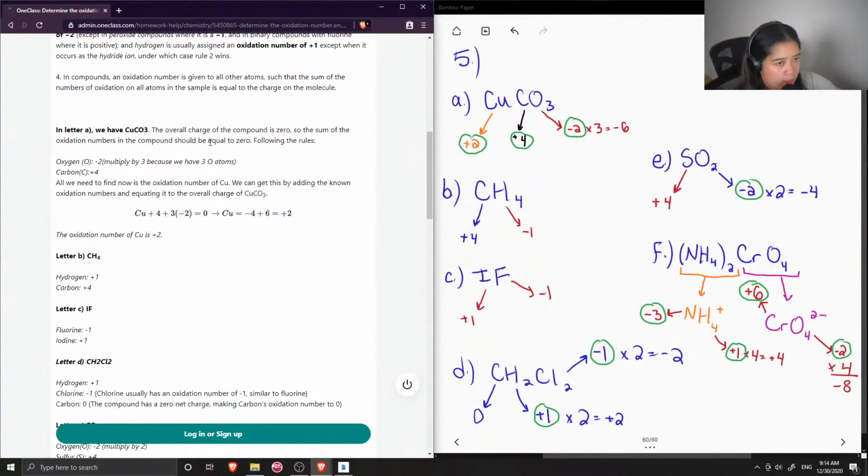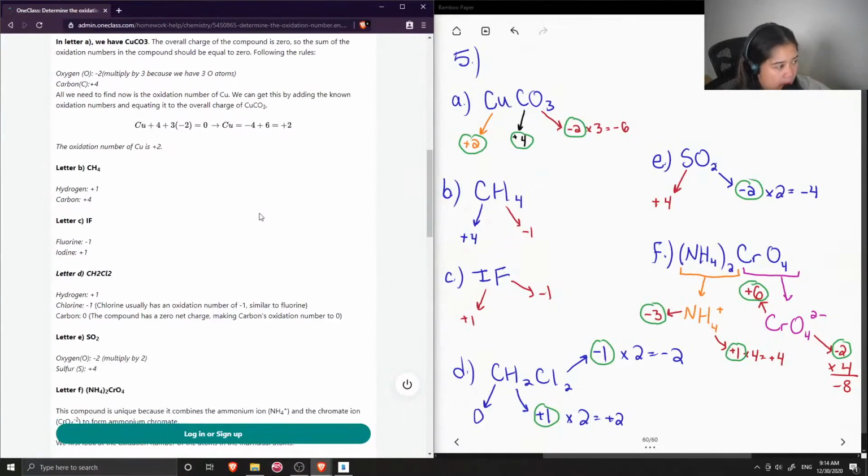So here's what the answers say. For letter A, copper carbonate, overall charge is 0, so they have oxygen having a -2 oxidation number. Carbon is +4, copper was +2.